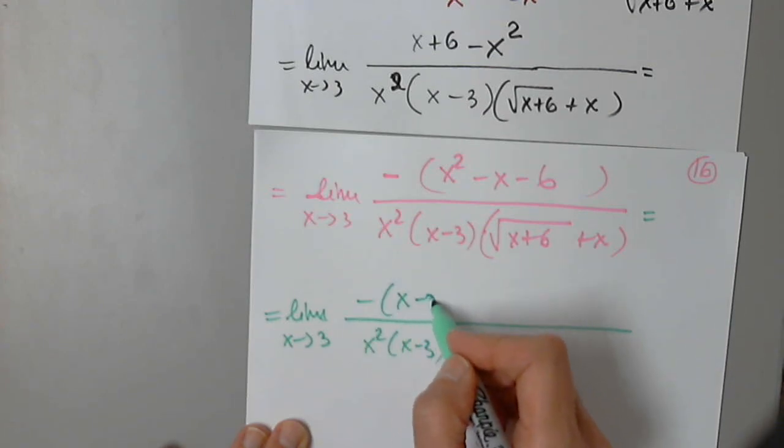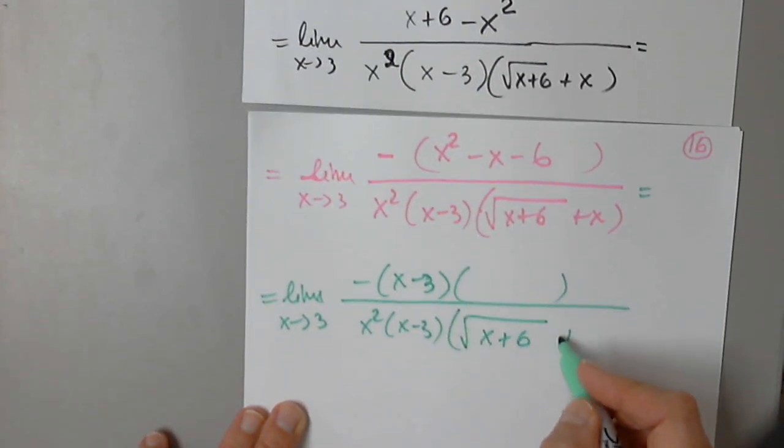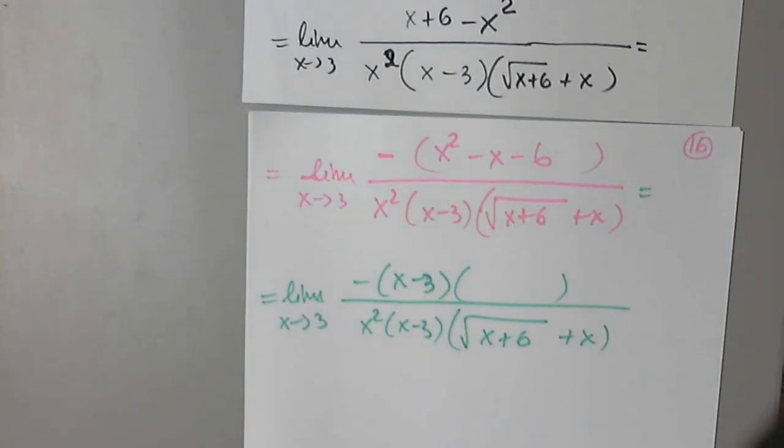It has to be in there. If it's not, I have to start from scratch. Something is not right. I know it's there because when I plugged in 3, I got 0. It has to be there. So then x minus 3 and what else? Very good.